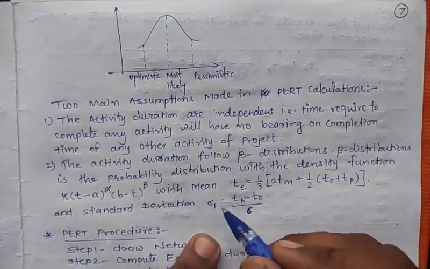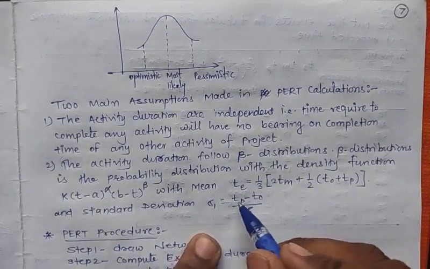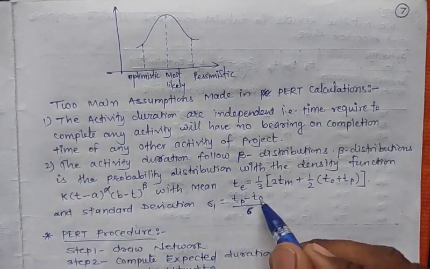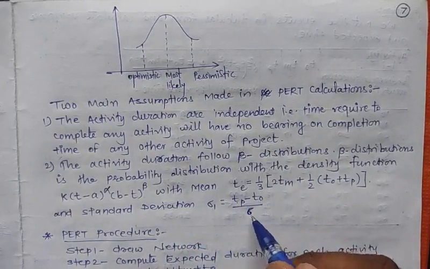So we calculate standard deviation as the pessimistic time estimate minus the optimistic time estimate, upon 6.